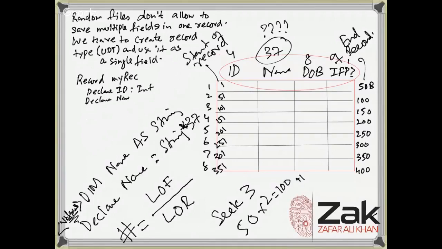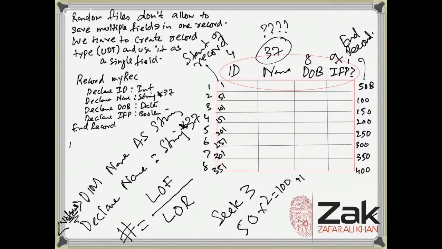Declare name as a string of fixed size 37. Declare date of birth as date. Declare is fee paid as boolean, and end record. Remember, this itself is not a record. This is a type. So we have to have one variable of this type.